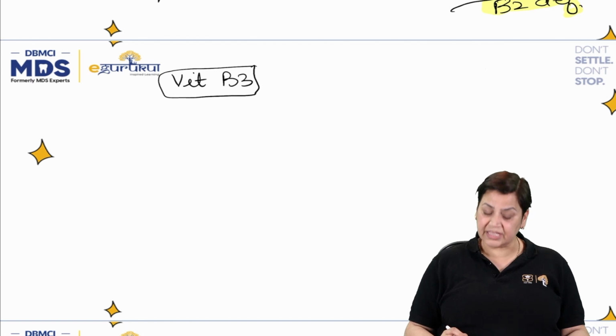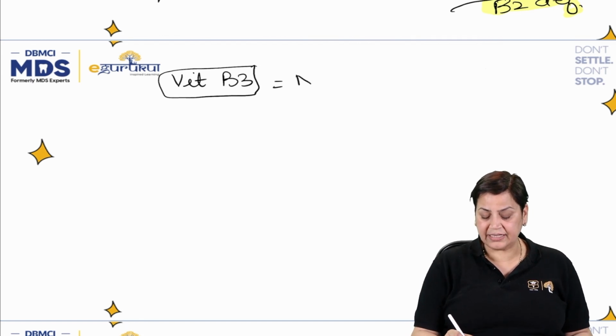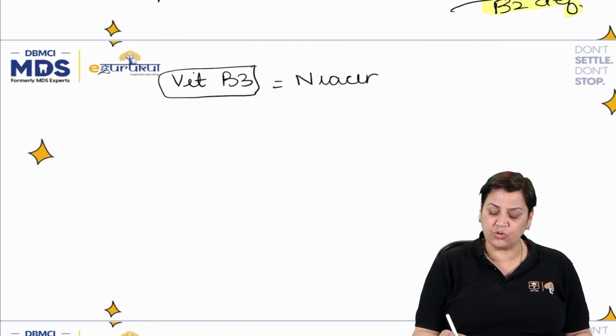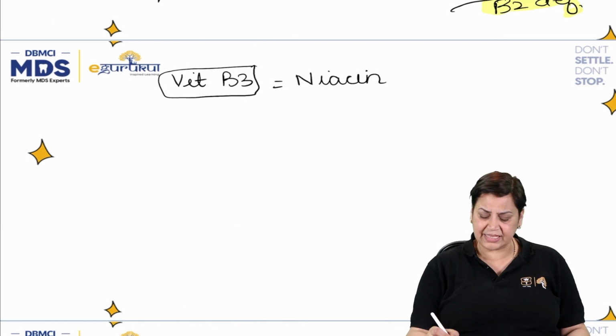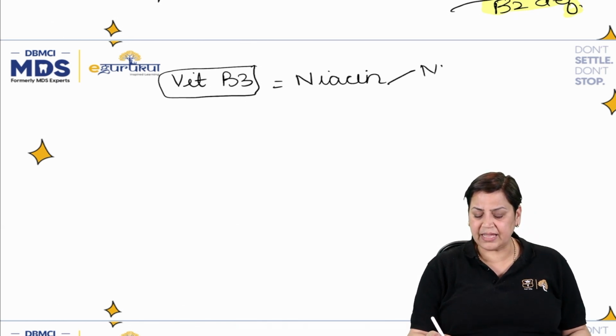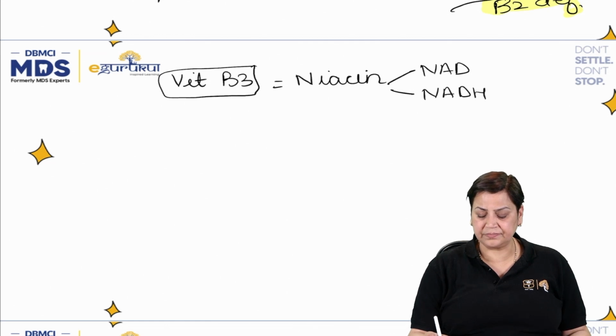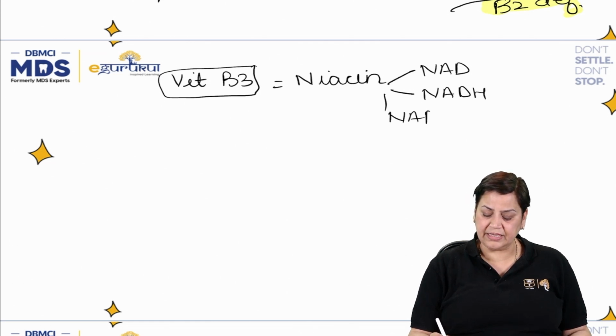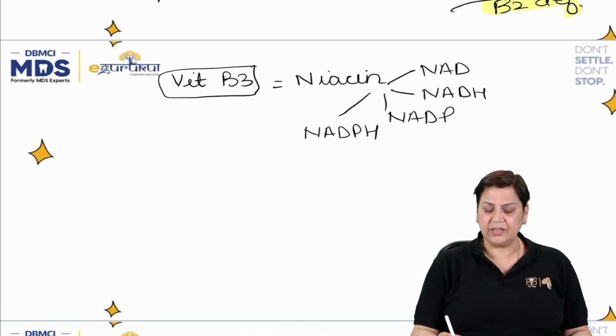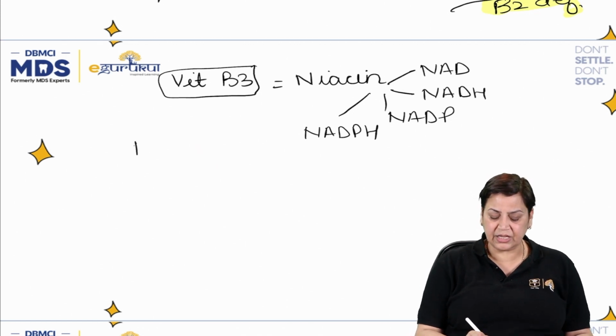Now, this B3 has many active forms. It is also known as niacin, but the active forms are NAD, NADH, NADP, and NADPH. Basically, it is nicotinic acid.